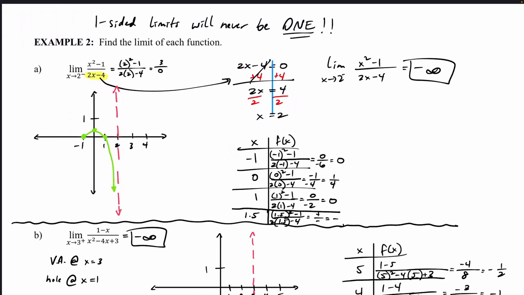If we get the reverse, something over 0, what does that tell us about the function? There's a vertical asymptote at whatever the limiting factor is.